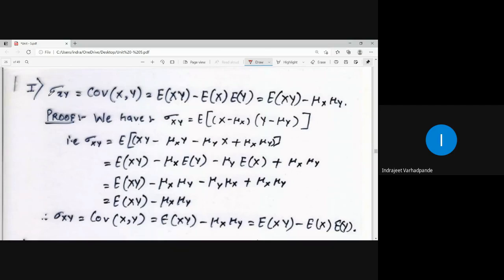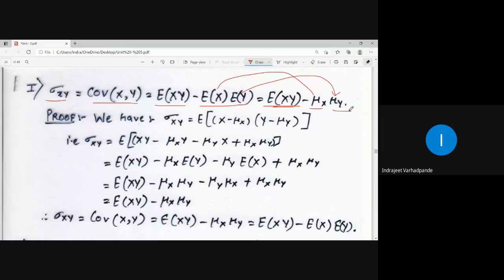What is the first theorem? Sigma xy, which is the covariance of xy, is given by expectation of xy minus expectation of x into expectation of y, where expectation of x is denoted by mu x and expectation of y is denoted by mu y. So it can also be written as expectation of xy minus mu x into mu y.